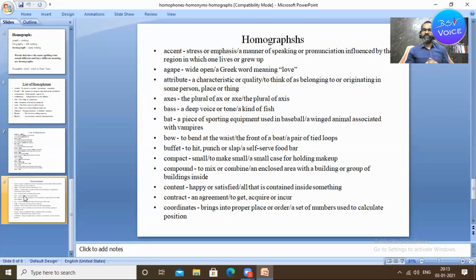Once again, I repeat: a homonym has the same spelling, same pronunciation, but different meaning. A homograph has only the spelling the same, pronunciation may be different or not, but the meaning will definitely be different. And a homophone has a different spelling, only the sound is the same, and the meaning is different. If you follow this, I hope you learn much faster.